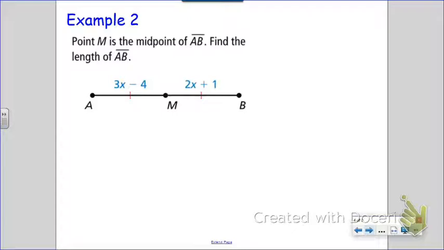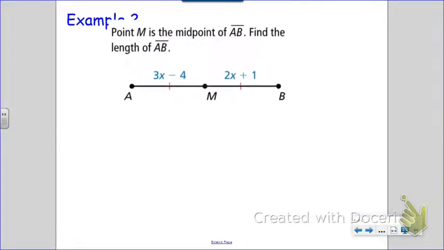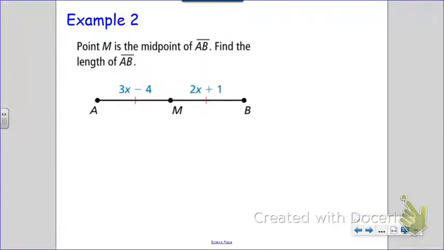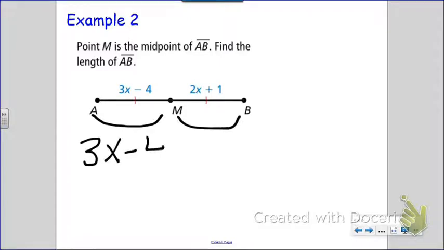Next example, point M is the midpoint of segment AB. Find the length of segment AB. If these are congruent segments, what's marked on the picture, AM is congruent to MB, then 3x minus 4 should equal 2x plus 1.